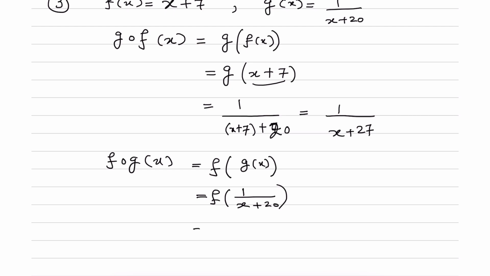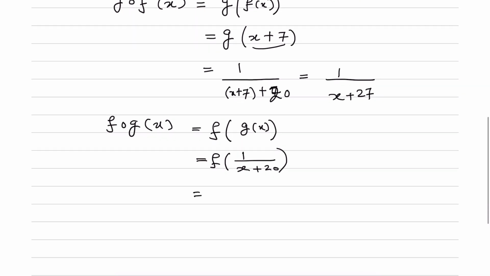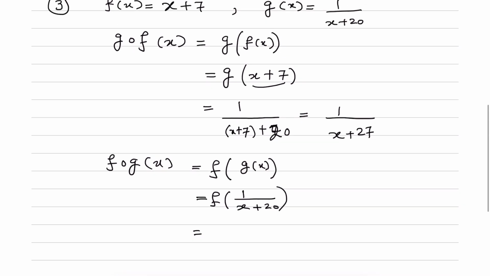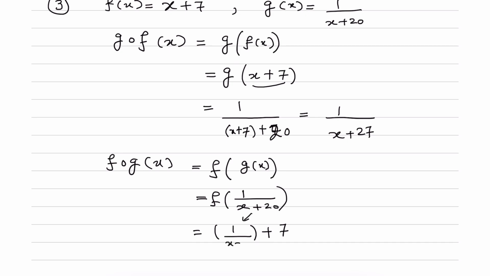And now we will put the value of the outside function f, and f is defined as x plus 7. So for x we will just leave the space, plus 7, and in this missing space we will put this whole argument, which is 1 over x plus 20. So we have 1 over x plus 20, plus 7.